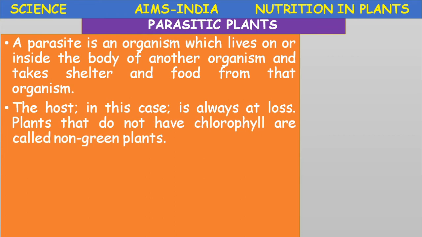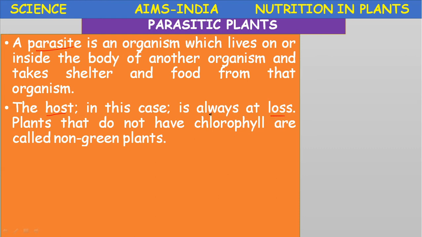We come across two terms, host and parasite. Parasite is the dependent organism. Host is the organism which provides shelter and nutrients to the parasite. The host in this relationship is always at a loss.